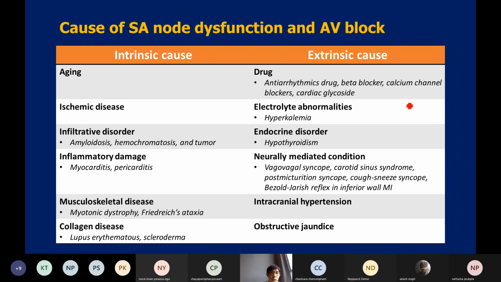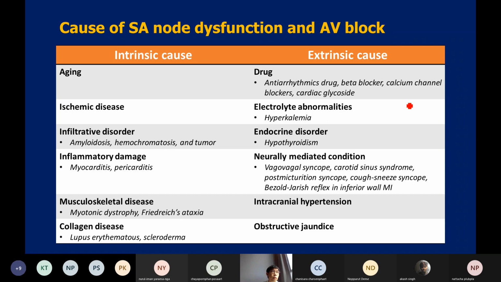Other reversible causes include ischemic heart disease. Lots of people have an inferior wall STEMI, or an occlusion of the right coronary artery, that would lead to complete AV block.